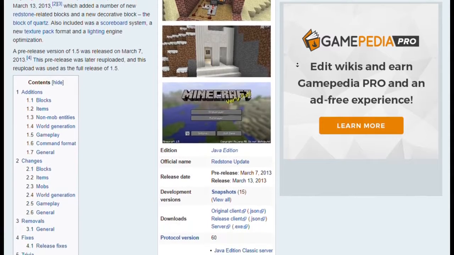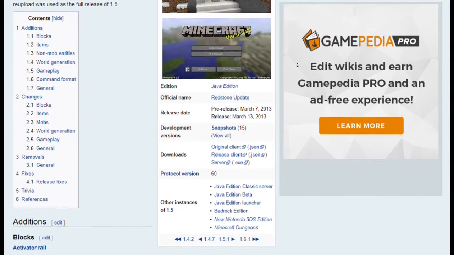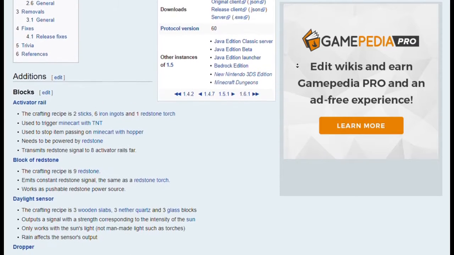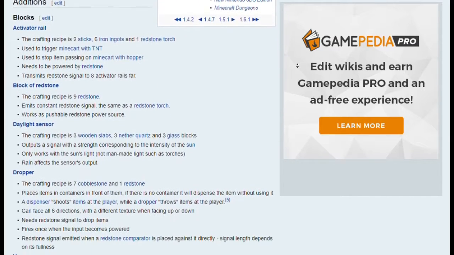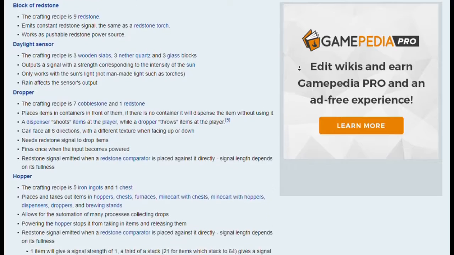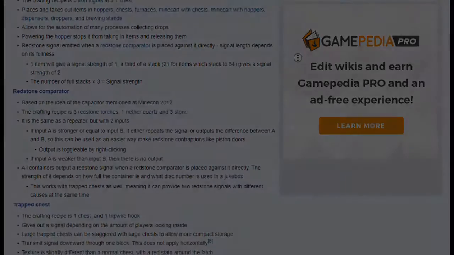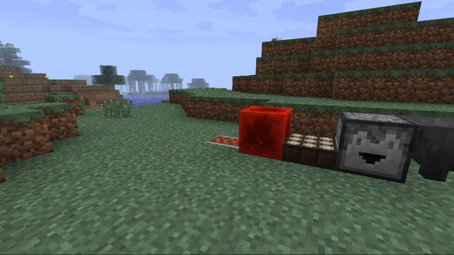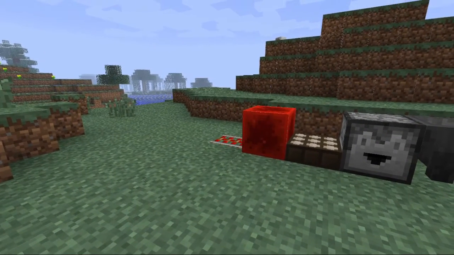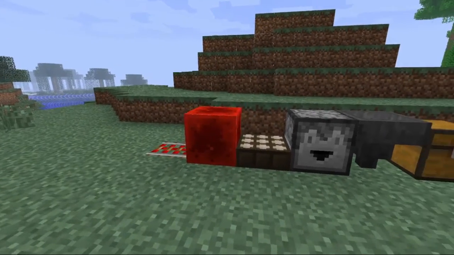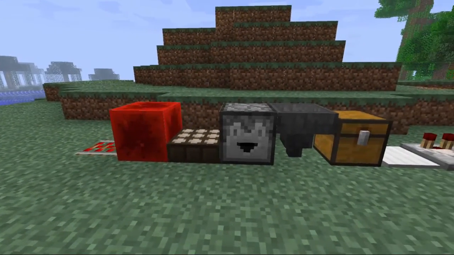The redstone update was added in 2013. The update added quartz, activator rails, redstone blocks, daylight sensor, dropper, hopper, trapped chest, weighted pressure plates, and the legendary comparator.